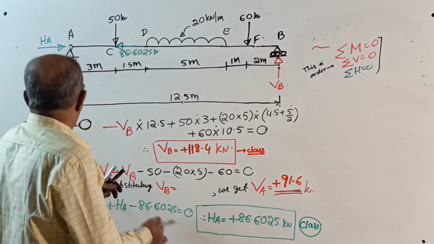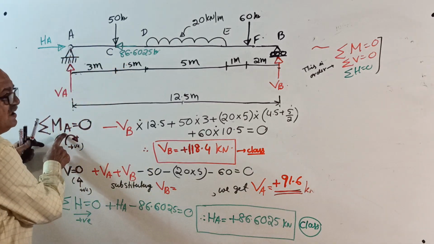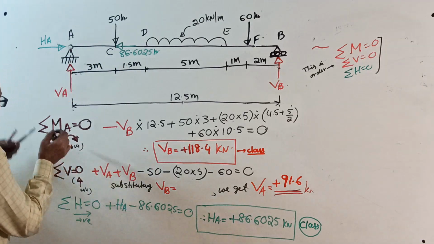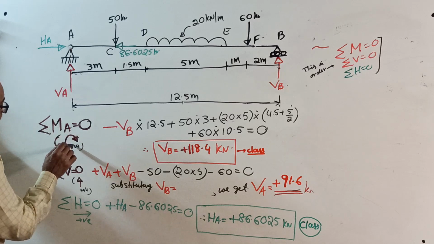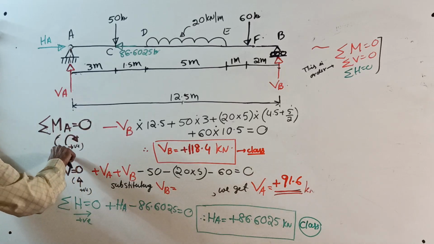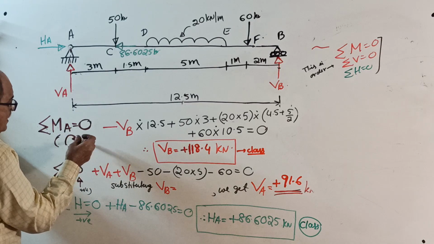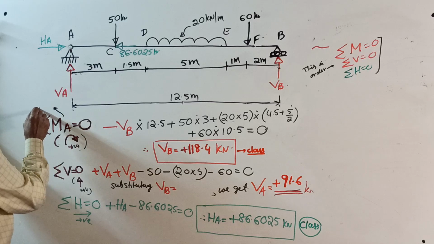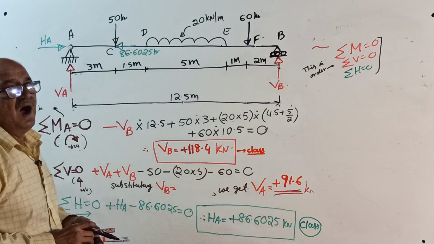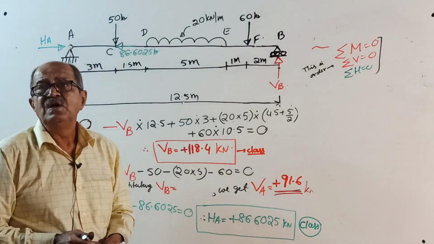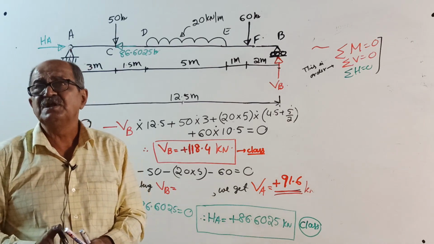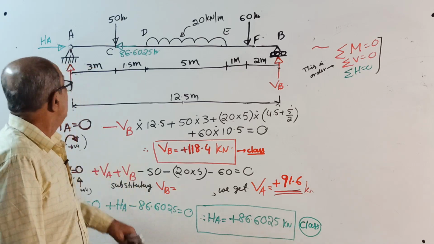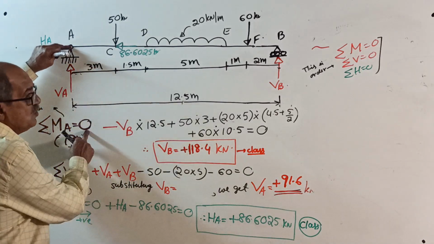Okay, now I will take moment about A. Those who want to do it systematically, write here: sigma M about A equal to 0, sign convention, I will take clockwise positive. That is, the algebraic sum of moment of the entire force system, considering both action and reaction, about the point A equal to 0.